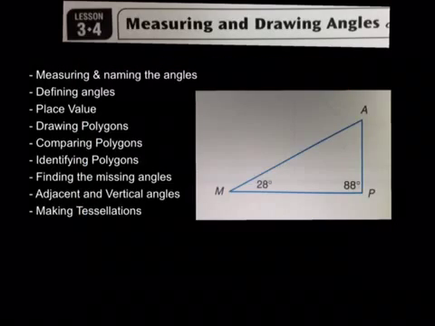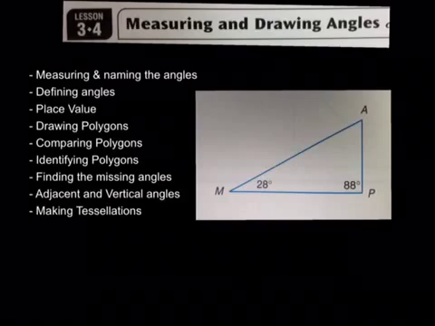For our next question, we are going to find the missing angle. As you can see here, boys and girls, we have a triangle, okay, and we know that the sum of all the angles of a triangle is always equal to 180 degrees. Here we have 88, and here we have 28. So what is the angle that's missing?